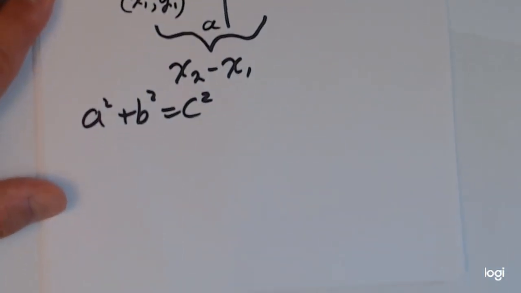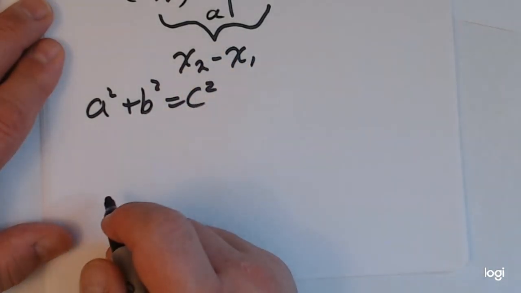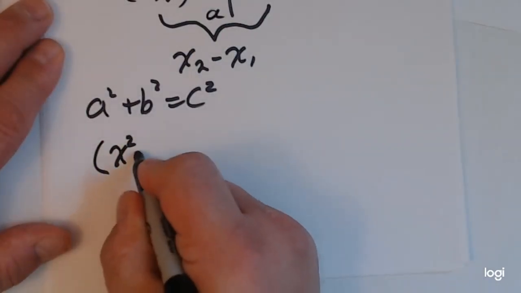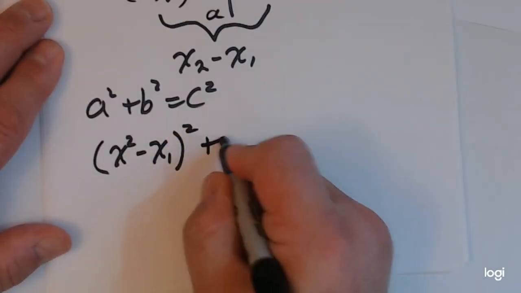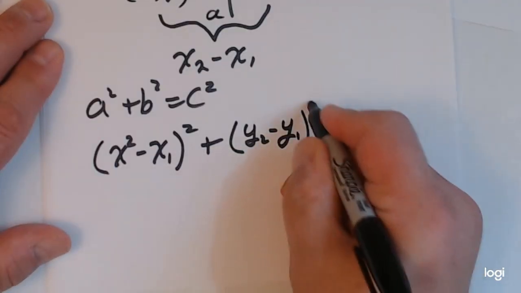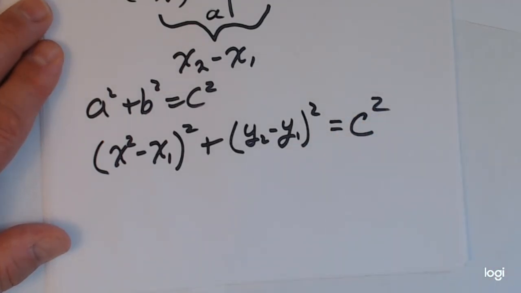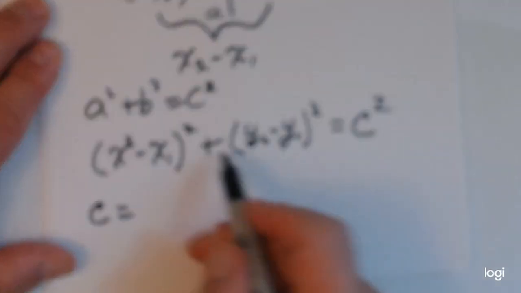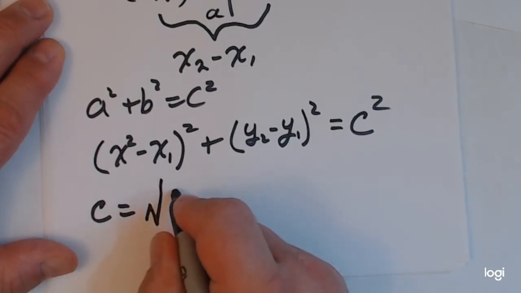So in this case, let a squared equal x sub 2 minus x sub 1 squared, plus b squared, which is y sub 2 minus y sub 1 squared, and that's equal to c squared. Now, if we want to find the value for c, we take the square root of everything on the left-hand side.